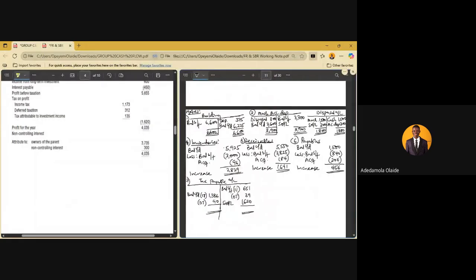How much is it? 1476. 2310. And cash paid, tax paid is 834.